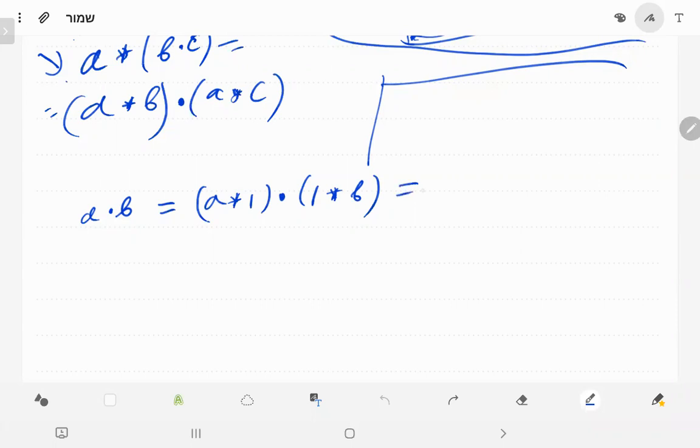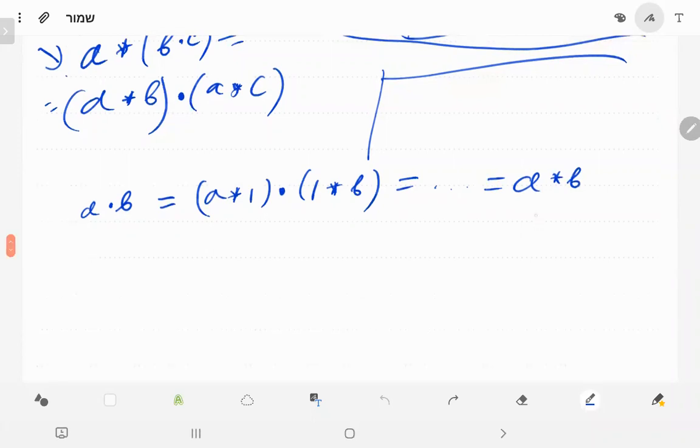And then you use the fact that the two products respect each other, and you get that this is A star B. And then you do a similar thing in the other direction and get that this is B times A. So you do it in several steps.